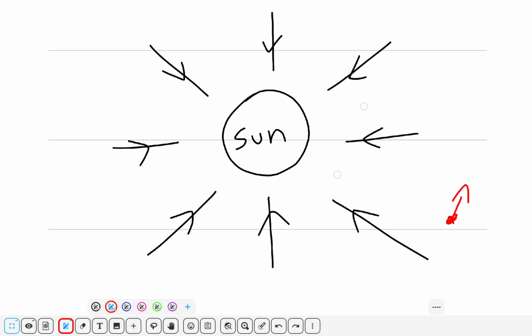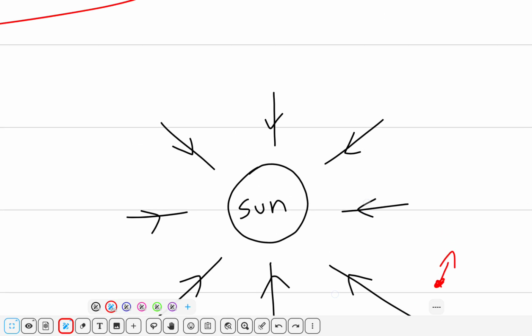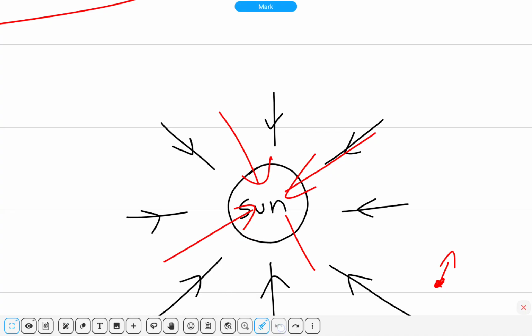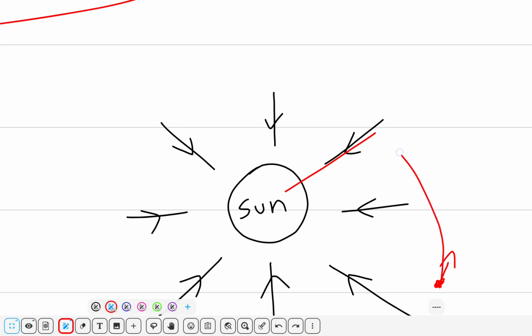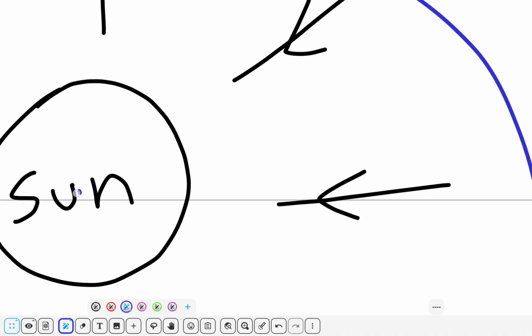So why am I doing this? There is a fact that if you have a force like this which is always towards the center of something, it's called a central force. And in a central force, one good thing is that it doesn't matter how the particle is moving under it.